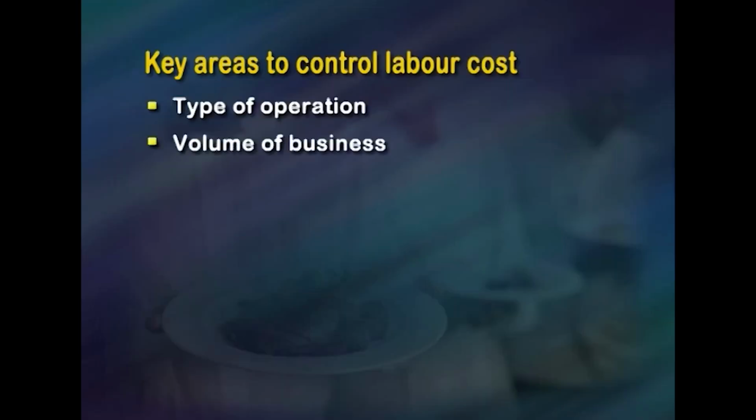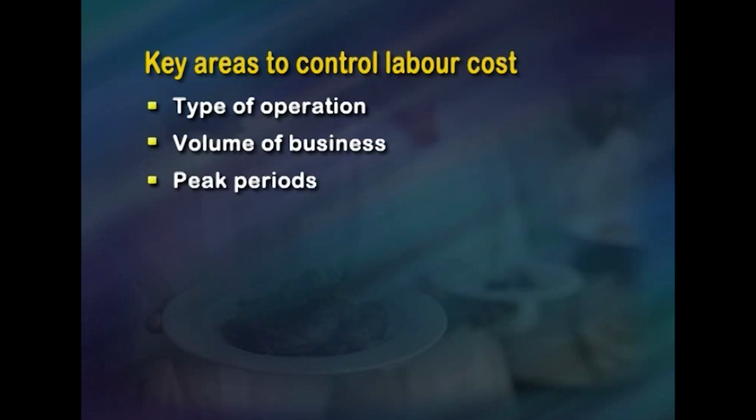Volume of business. This refers to the proportion of personnel employed to volume of customers, the staff-customer ratio. It is good policy to determine the minimum staff necessary even if business is low and ensure that they are fully utilized. Peak periods.